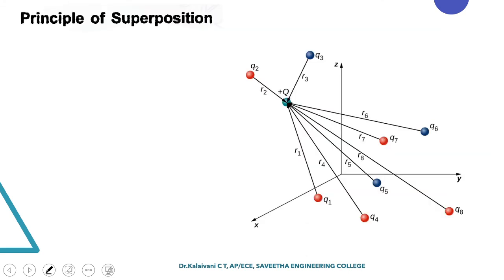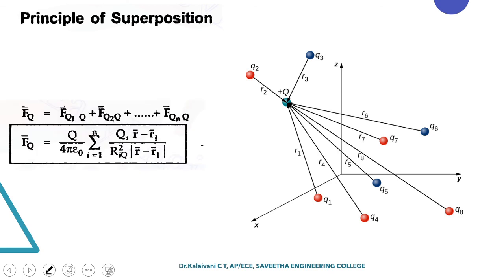Okay. Next, Coulomb's law obeys the principle of superposition. What is superposition? The total force will be equal to the sum of all individual forces. So now, if there are many charges and I am calculating with respect to one charge, that charge will be affected by many forces due to many charges. So the total force will be equal to the sum of each and every individual force.